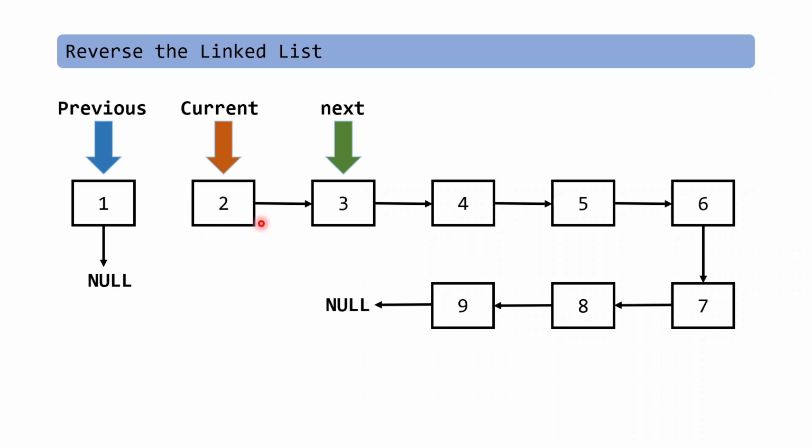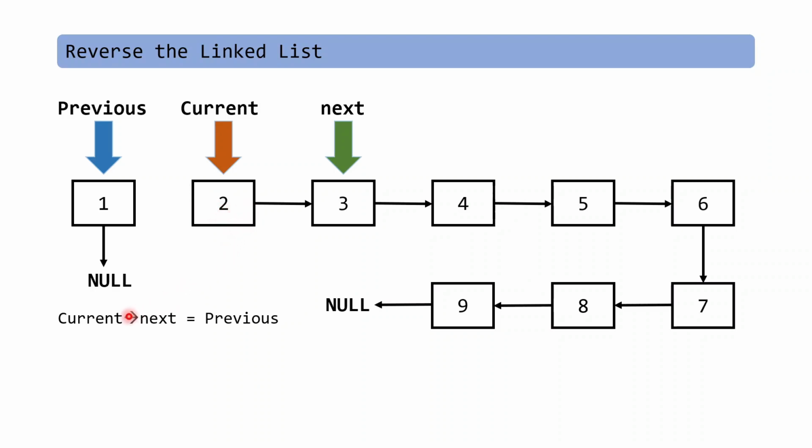So to reverse the list, I have to remove this particular link and make this link from 2 to 1. And how can I do that?